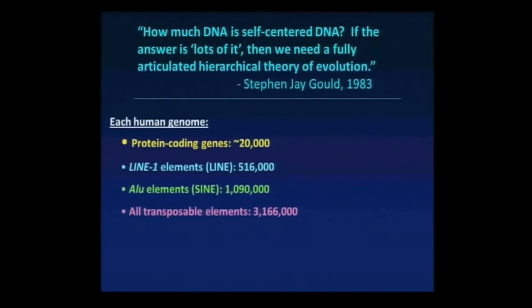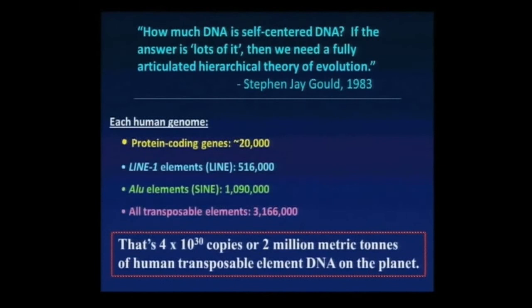So you've got 20,000 genes and 1 million copies of Alu in every cell in your body when you're walking around. In total, there are about 3 million transposable elements in your DNA. So I did the math on this. I sort of thought, okay, this is about half the human genome. There's 10 to 100 trillion cells per human. There's 7 billion humans on the planet. How much selfish DNA, just in humans, is there walking around?